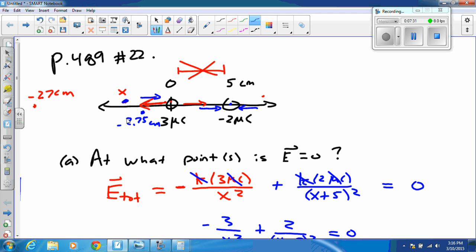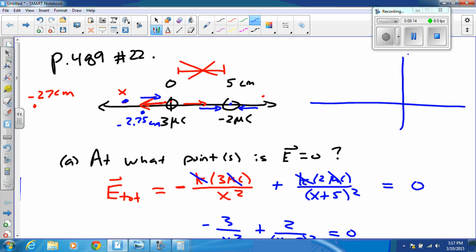And if you were to look at a graph of the field, the magnitude of the field as a function of x is going to look something like this. It's going to blow up here, and also... let's see.